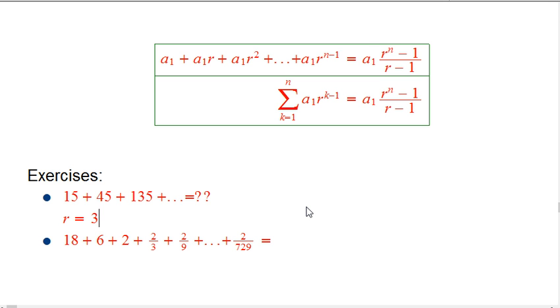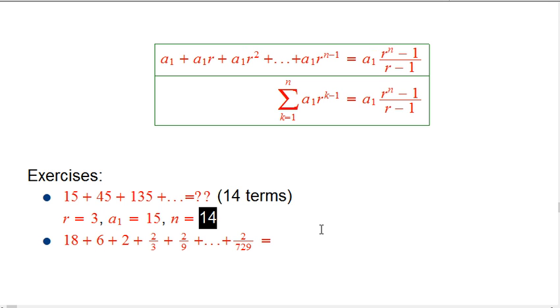If we're trusting that it's geometric, r is 3. Okay. a1 equals 15. Okay. And of course, we need to know n. Oh, and somehow I just totally deleted the 14 terms here. What the heck? This said 14 terms. Okay. And that means n equals 14. The number of terms really is the n.